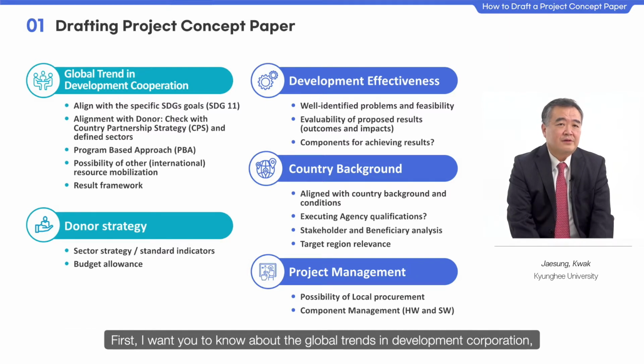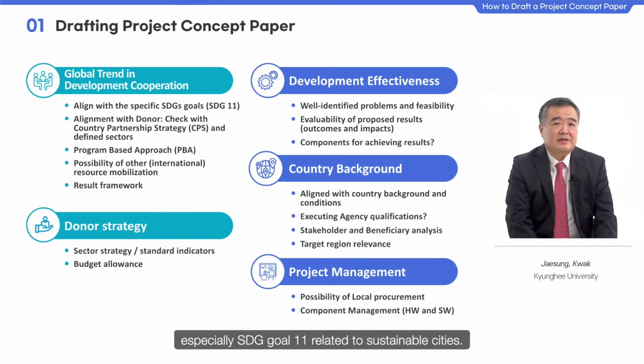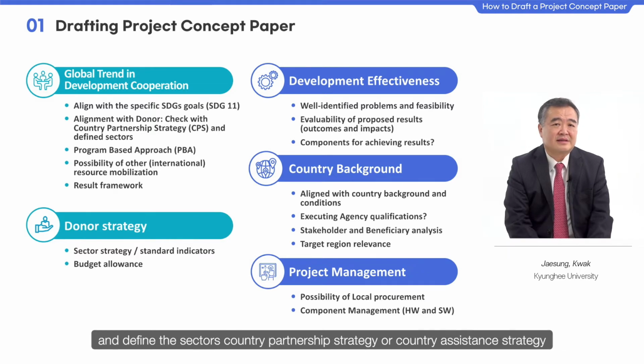First, I want you to know about the global trend in development cooperation, and try to align with the specific sustainable development goals, especially SDG Goal 11 related to sustainable cities. Secondly, you have to align with the donor, and please check the country partnership strategy and define the sectors.